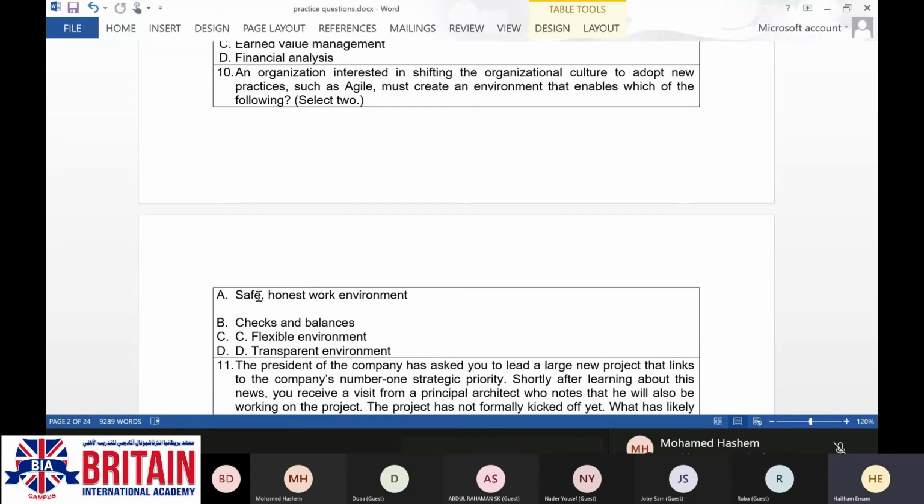From the first moment, you can say it is the same. But the PMI tries to be tricky in their questions, so pay attention to the words mentioned in some definitions, like safe, honest work environment and transparent environment. Clear? Yes, clear. Thank you.